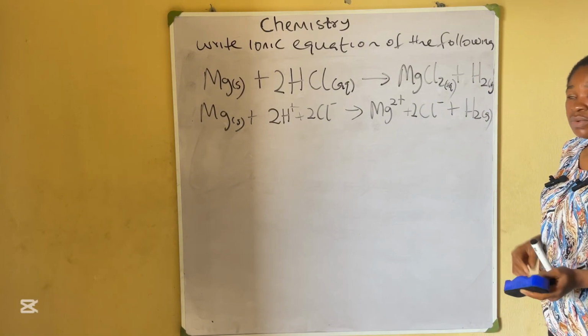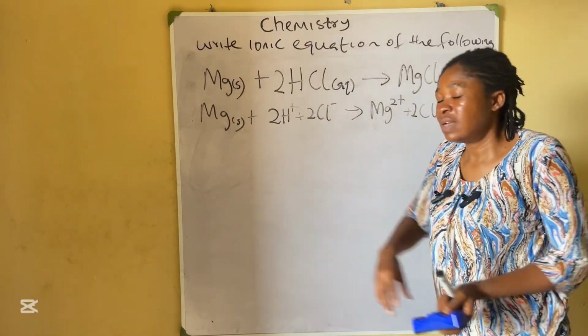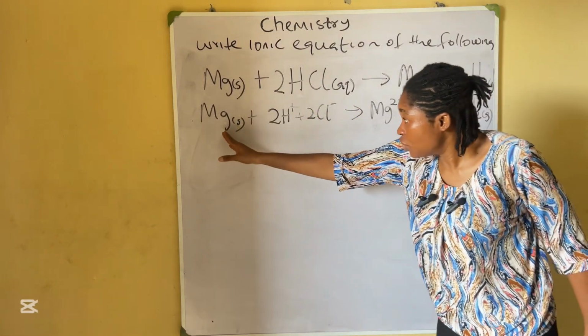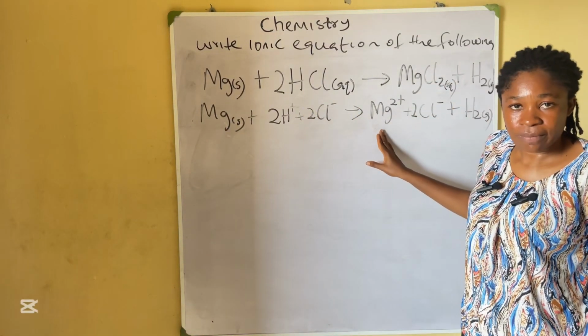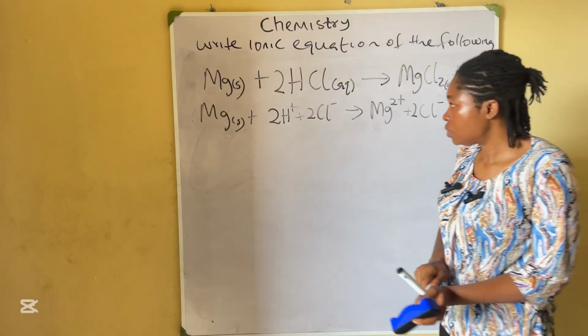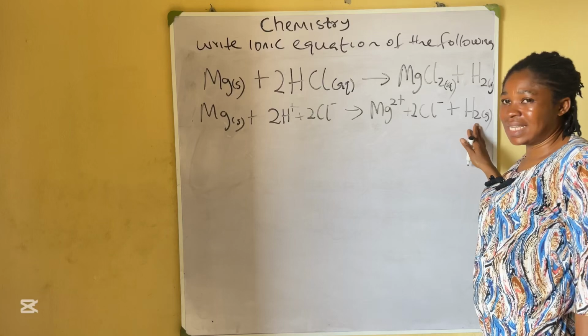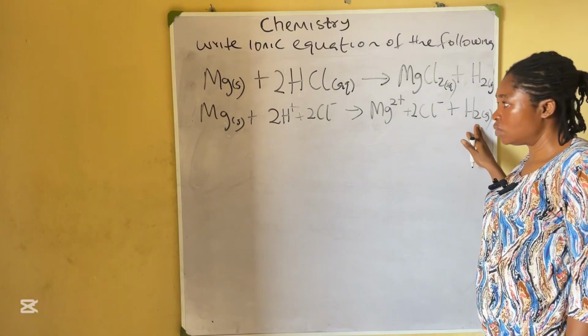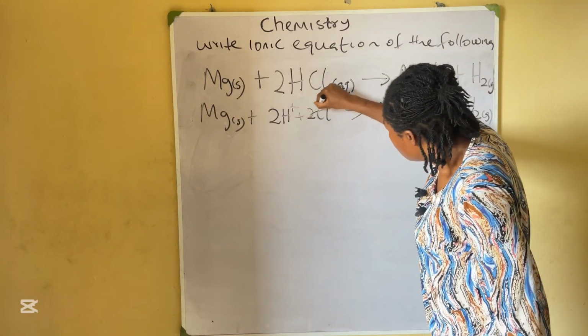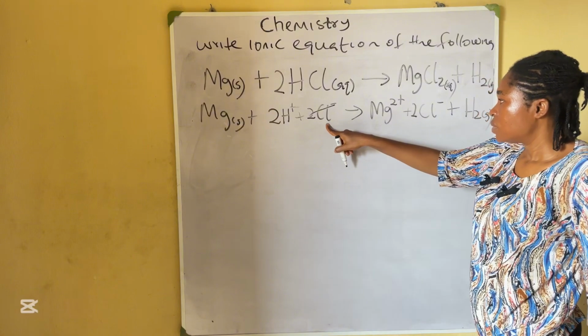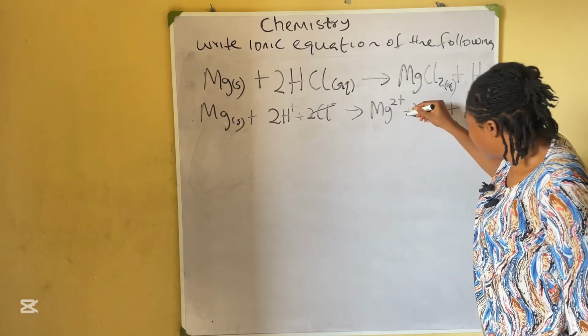We'll write that as a molecule. Anything that appears on the left-hand side and is the same on the right cancels. This magnesium and magnesium ion are not the same, so it will not cancel out. Hydrogen ion and hydrogen gas are not the same thing, so it will not cancel out. I have 2 moles of chloride ion on each side to cancel out.